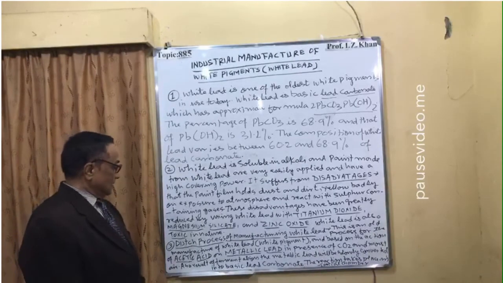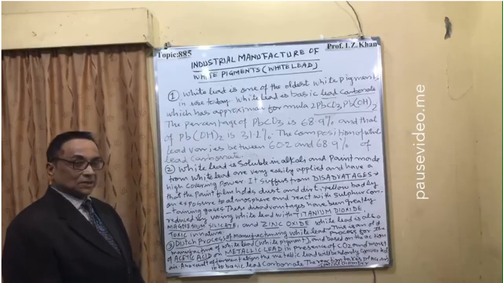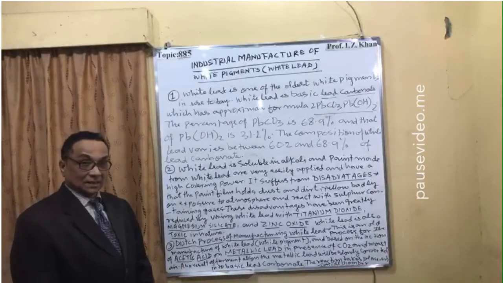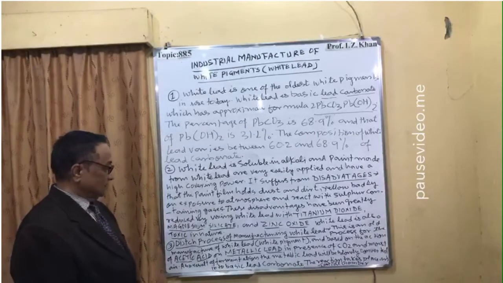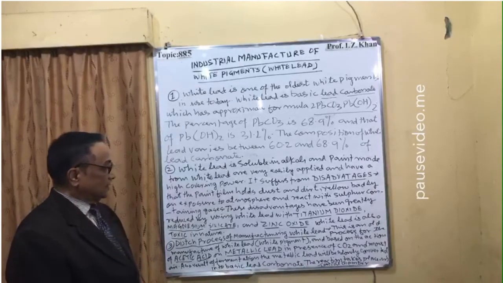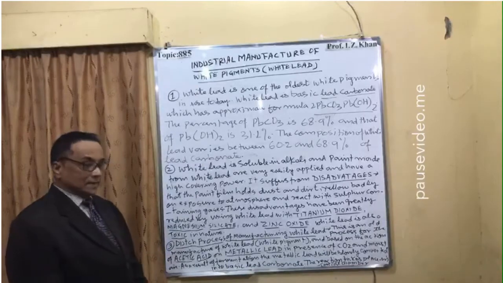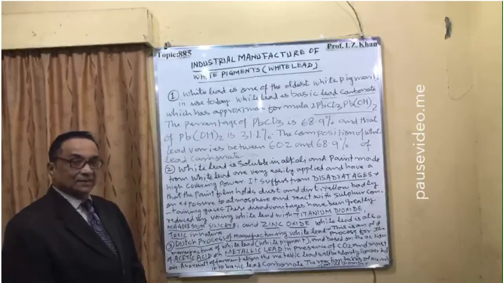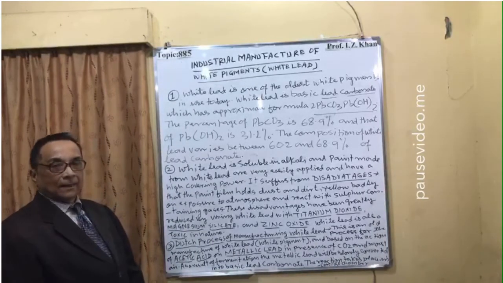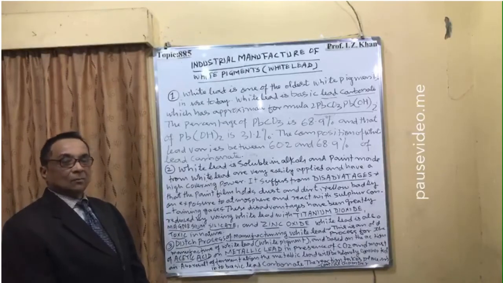Number 3, first is the Dutch process of manufacturing of white pigment, that is white lead. This is one of the oldest processes of manufacturing of the white pigment, that is lead white, based on the action of acetic acid on metallic lead in presence of carbon dioxide gas and moisture.